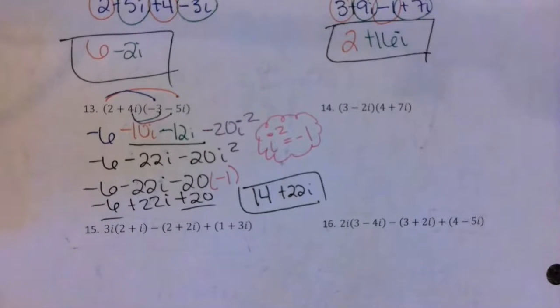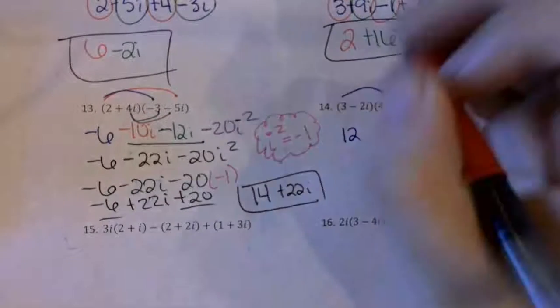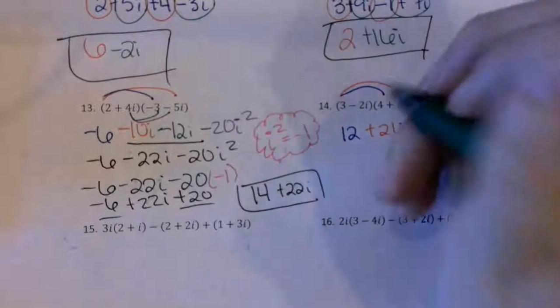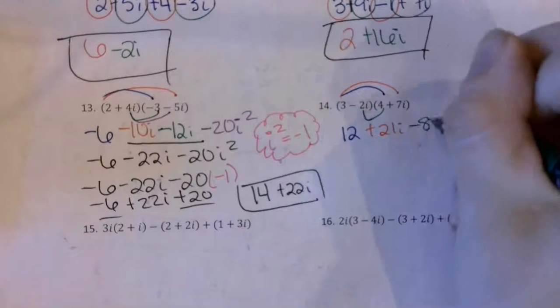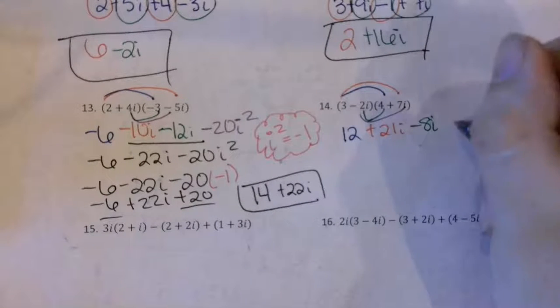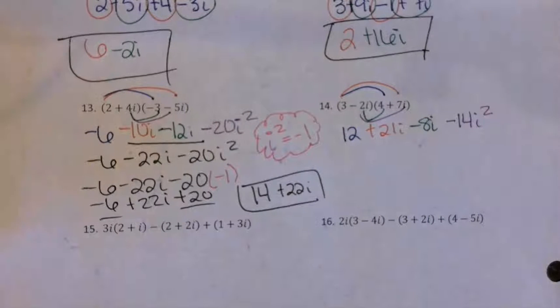Same thing on number 14. I want to go ahead and FOIL. 3 times 4 is 12. 3 times 7i is 21i. Negative 2i times 4 is negative 8i. And negative 2i times positive 7i is negative 14i squared. And I want to combine like terms.